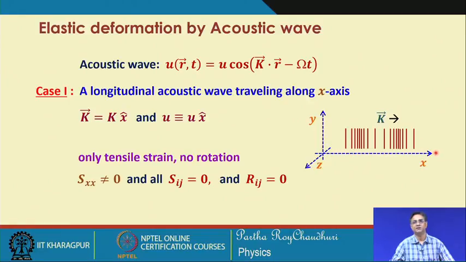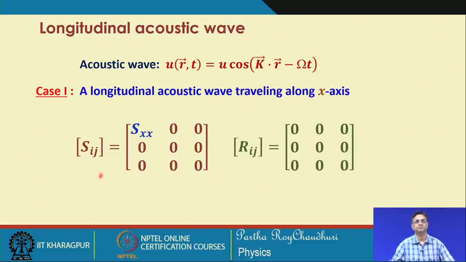So, we can analyze this situation considering that only S x x is not equal to 0 and all the other S i j elements are equal to 0, and also the rotation elements are 0. So, out of this 9 component strain matrix only one component S x x is non-zero.